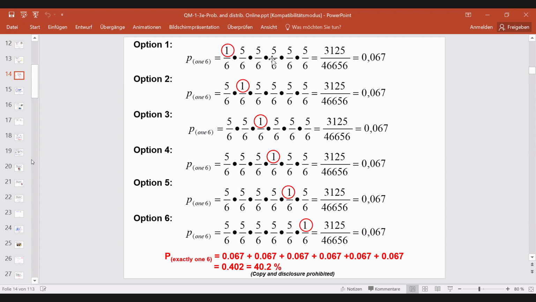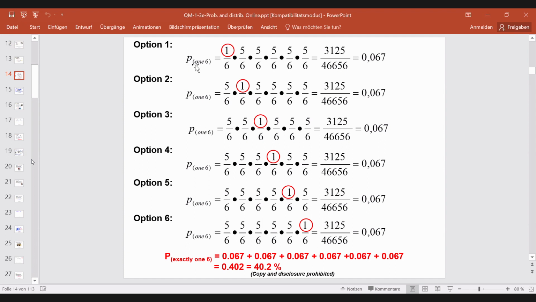This means multiplication rule. Here you have 0.067 to get a six in the first throw. Here the same to get a six in the second throw, in the third, in the fourth, in the fifth, and the last in the sixth throw. So for every option you have a single probability of 0.067.